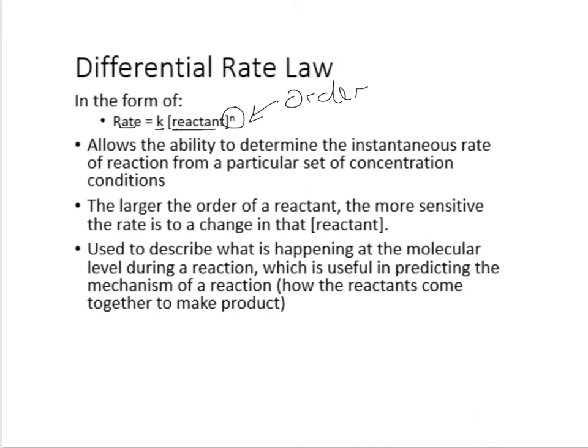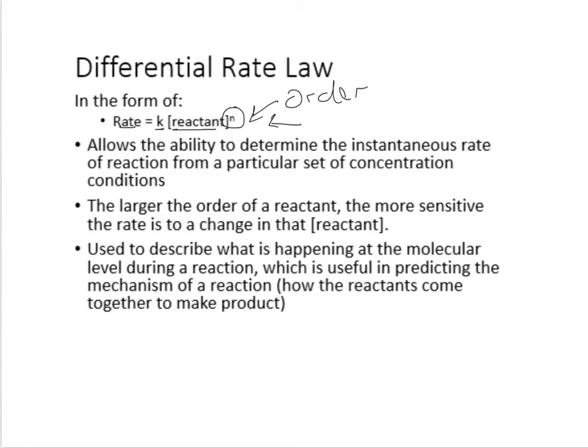It allows us the ability to determine the instantaneous rate of a reaction given a particular set of concentration conditions. And note that the larger the order of a reactant, the more sensitive the rate is to change in the concentration of that reactant. Now we can use this form, the differential rate law, to describe what's happening at the molecular level of a reaction.